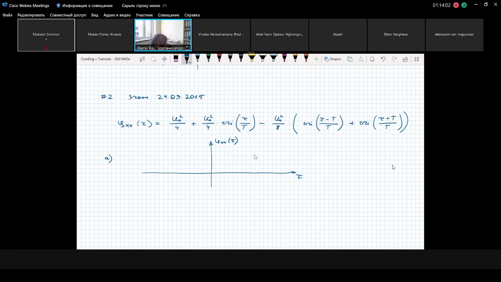We have u0 squared over 4, the DC part. Maybe it's better to use gray for all values, and then show the resulting autocorrelation function in red.